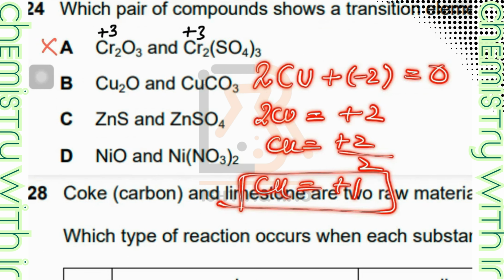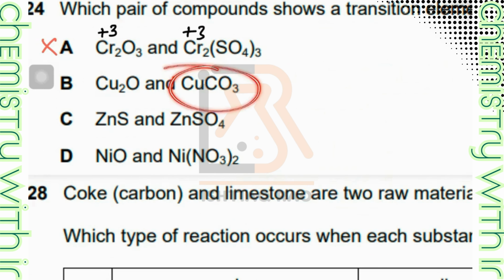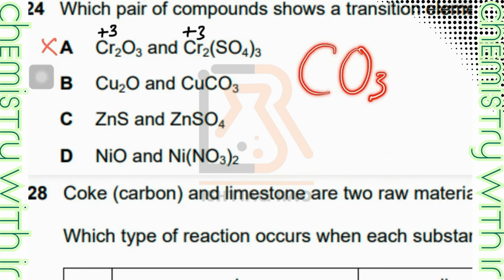Okay. Yes, sir. And what about this copper? Is it 3? What is the charge on carbonate? I told you in the last class: -2.